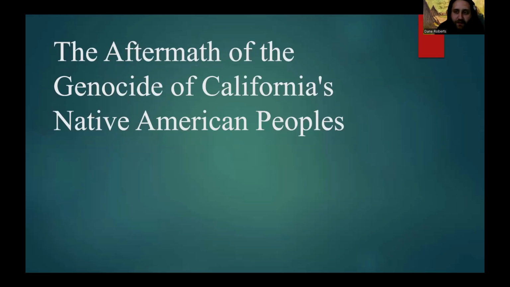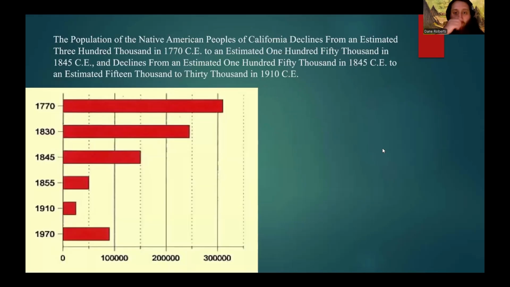All right, now this brings us to our next section, the aftermath of the genocide of California's Native American peoples. So, one very important thing to drive home is the sheer scope of the genocide of California's Native American peoples.